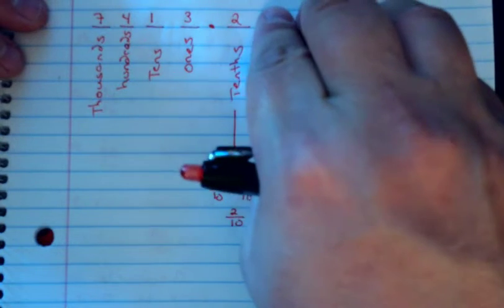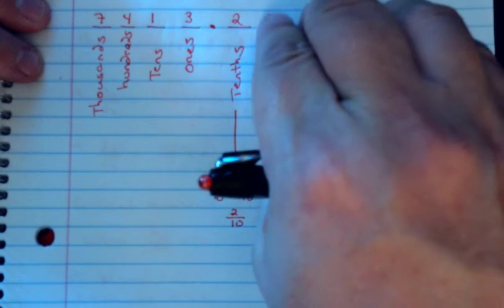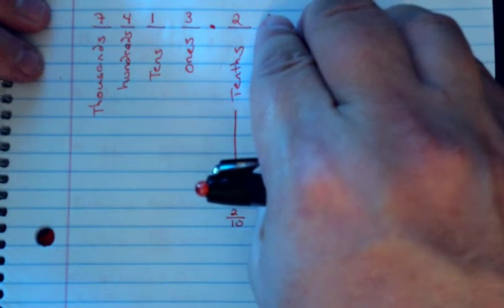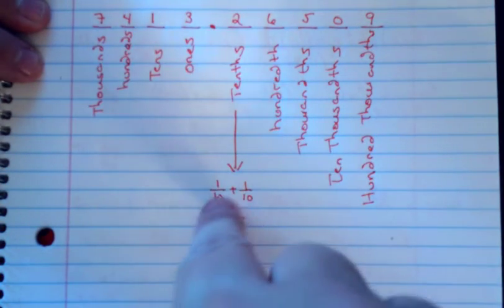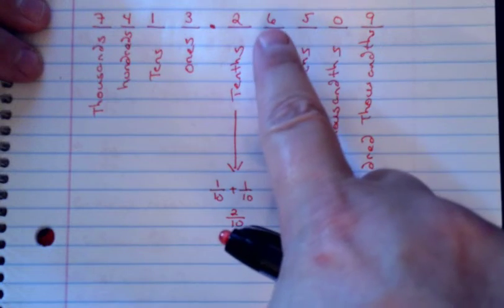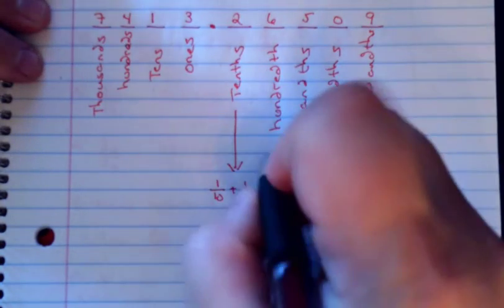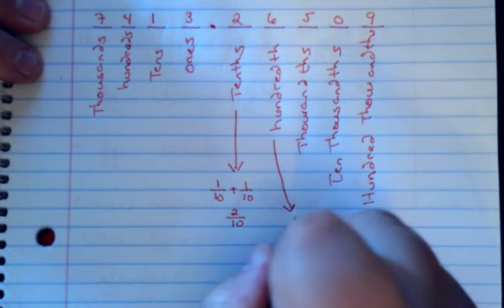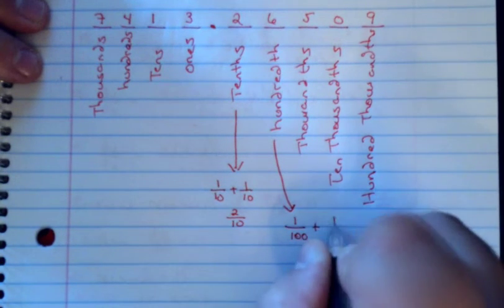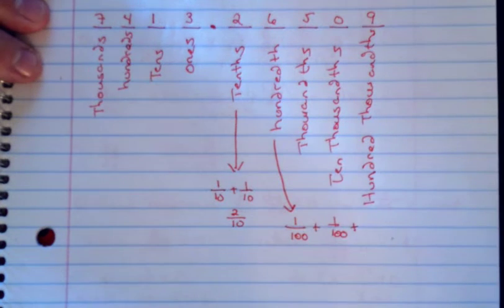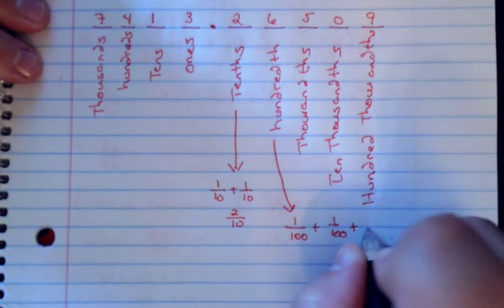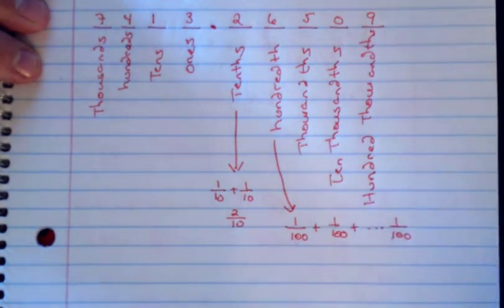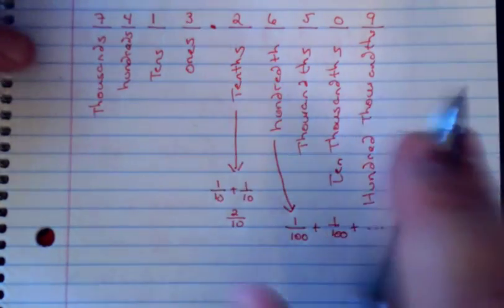If I had just this number right here, this would be 7,413 and 2 tenths. I've got 2 tenths together. This would be 6 hundredths. So let me draw down here. That would be 1/100 plus 1/100 plus, and I'm going to do this 6 times, 1/100. And there's going to be 6 of these guys. So that's why they get their names that they do.